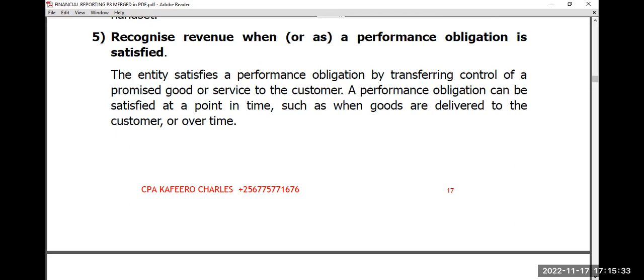We'll be looking at different stages of completion, and we'll be receiving different amounts according to what we have actually completed. We are going to look at these items in detail, but that's basically why this step is very important. We don't recognize money when you have not satisfied the obligation or when you have not fulfilled the contract.